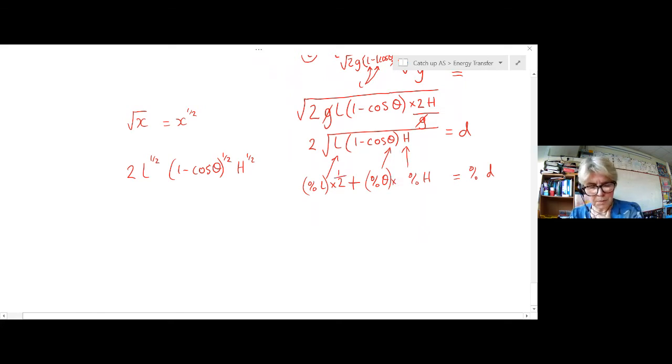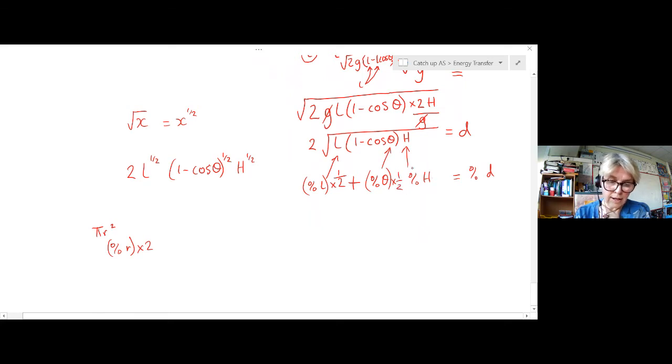I've got 2 in my head because very often when you do things like, for example, pi r squared, if you had the percentage uncertainty in r, then you would times it by 2 because you're using it twice. But what we've got to do here with the square root is it's to the power of a half. So we have to times it by a half.